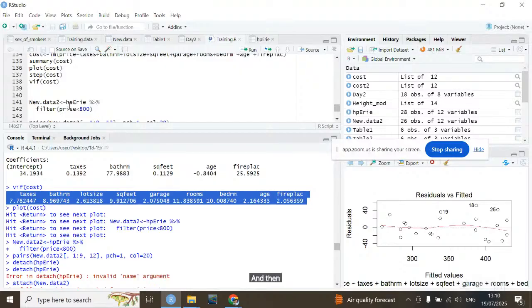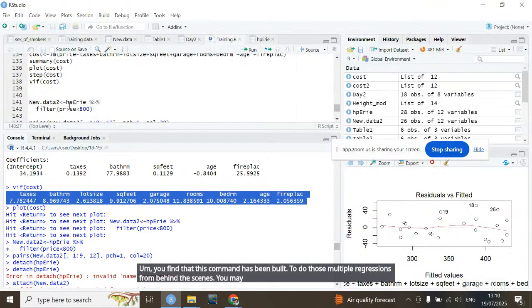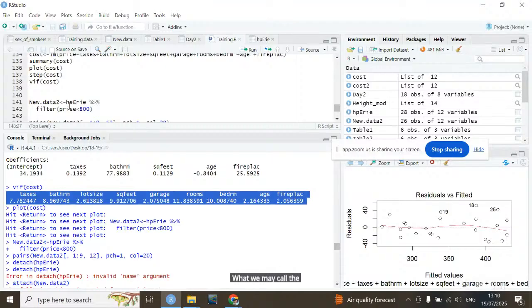And the command which the instructor is running has been built to do those multiple regressions behind the scenes. You may not see them, but it will give you the final output of what we may call the line of best fit.